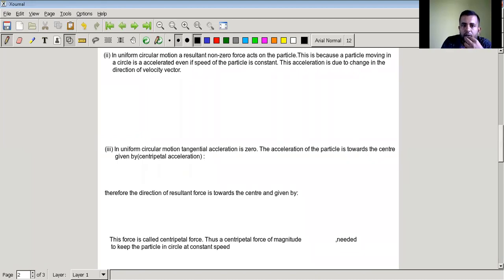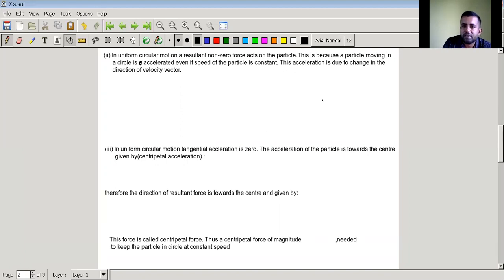First point, if you read in this slide, it says that in a uniform circular motion, a resultant non-zero force acts on the particle. This is because the particle moves in a circle and is accelerated, even though the speed is constant.